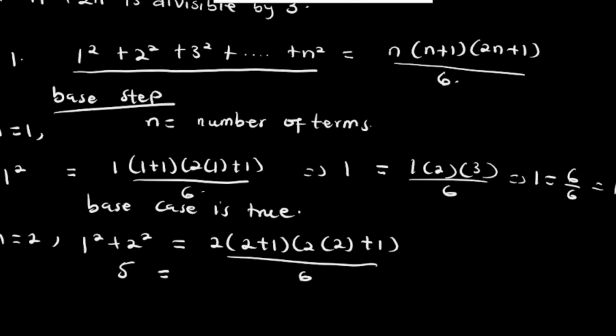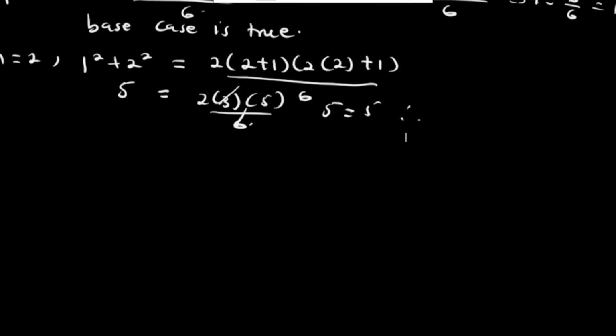Should be equal to 2 multiplying 3, 2 times 2 is 4 plus 1 is 5, all on 6, right? So you can clearly see that 2 by 3 will cancel this 6 and 5 will be equal to 5. Therefore, base case is true once again.